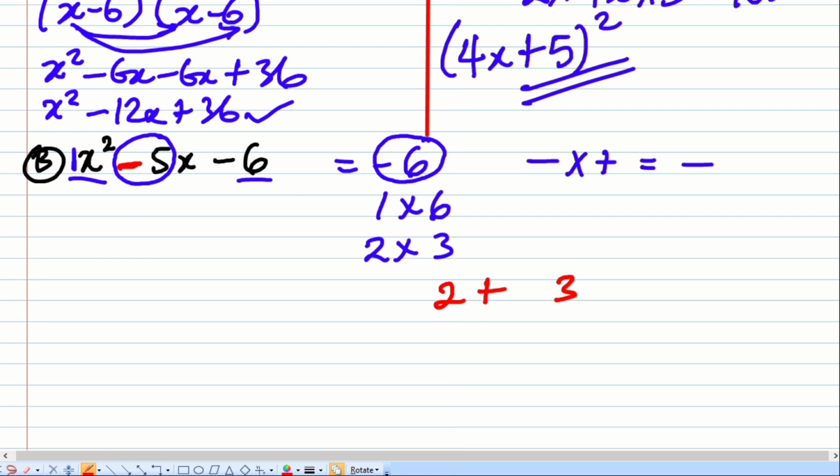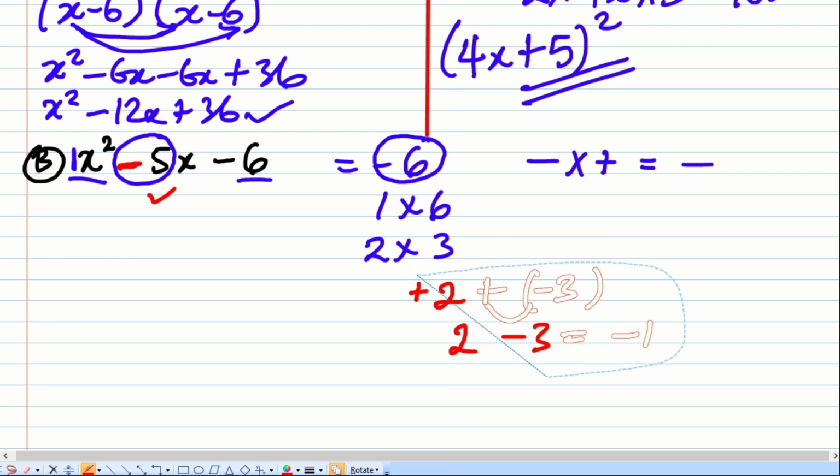Remember that for us to have negative 6, one must be negative and one must be positive. The small one has to be positive, that's plus 2, and then this will be minus 3. You can put it in a bracket. Plus minus will be minus. So we have 2 minus 3, which is equal to minus 1. That's not giving us negative 5. So 2 and 3 are definitely not the factors we're looking for.